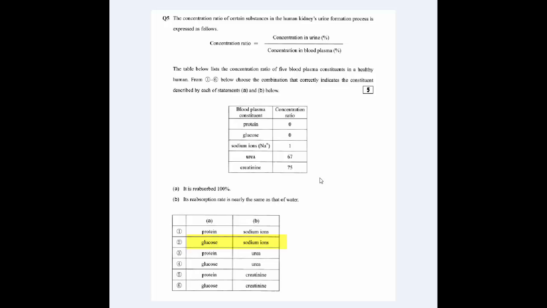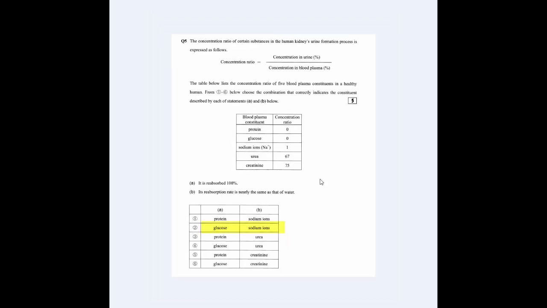The table below lists the concentration ratio of 5 blood plasma constituents in a healthy human. From 1 to 6 below, choose the combination that correctly indicates the constituent described by each of statements A and B below. Looking at blood plasma constituent and concentration ratio.